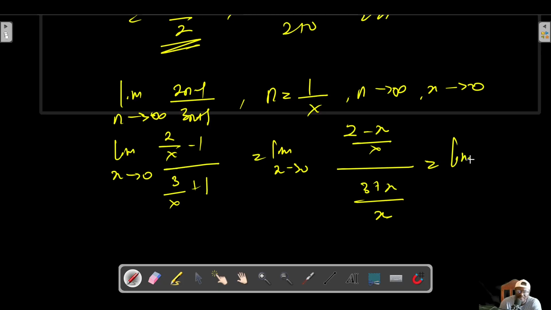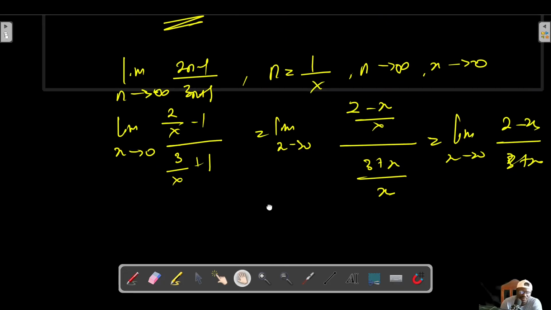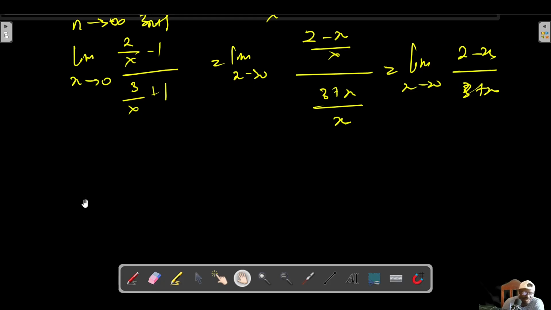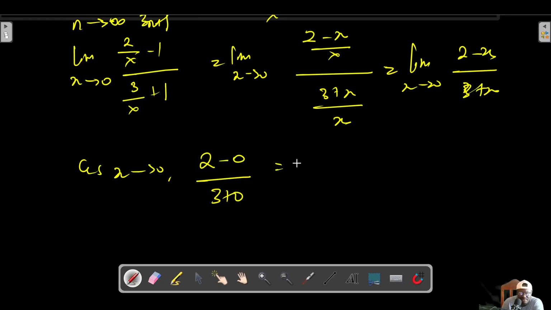We end up with the limit as x is approaching 0 of 2 minus x divided by 3 plus x. From here, you can just substitute in your 0. As x is approaching 0, our expression becomes 2 minus 0 divided by 3 plus 0. We end up with 2 over 3.